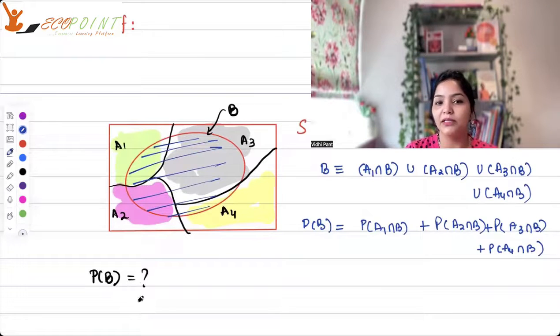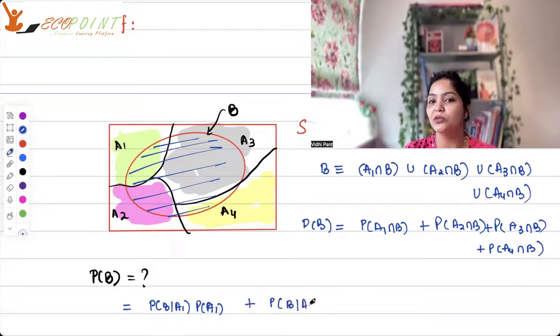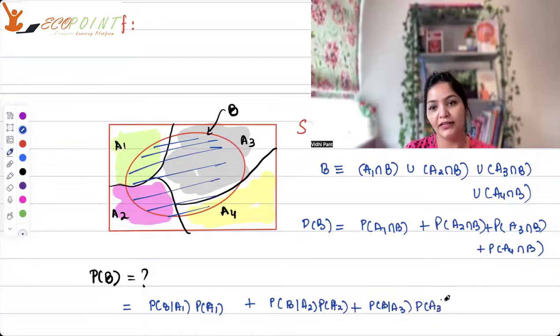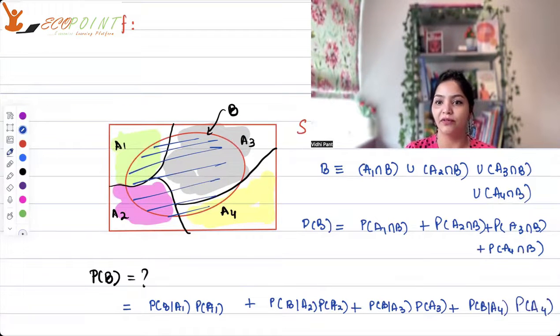So probability B is equal to probability A intersection B, which is nothing but probability B conditioned on A1 multiplied by probability A1, plus probability B conditioned on A2 multiplied by probability A2, plus probability B conditioned on A3 multiplied by probability A3, plus probability B conditioned on A4 multiplied by probability of A4.